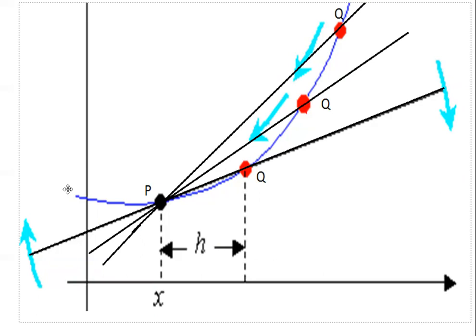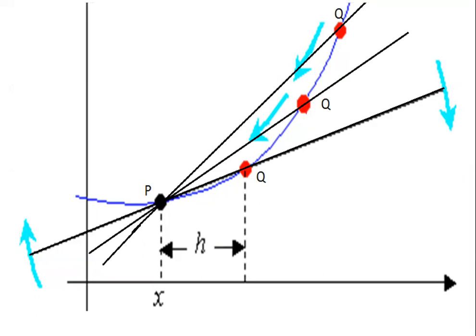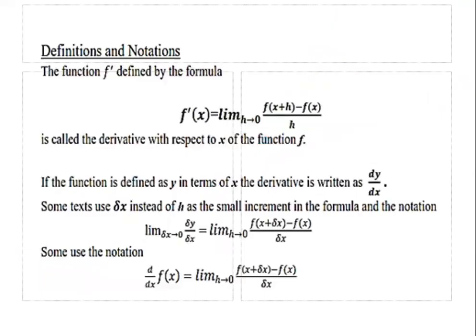And therefore, we say the limit of the secant PQ is equal to the gradient of the tangent at P. And there is where a lot of ideas in calculus, in differential calculus in fact, were born. And they came up with these formal definitions.